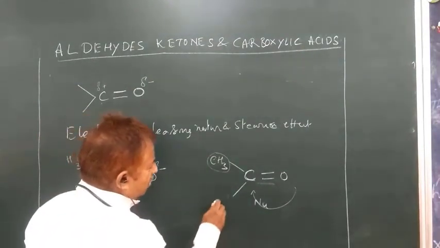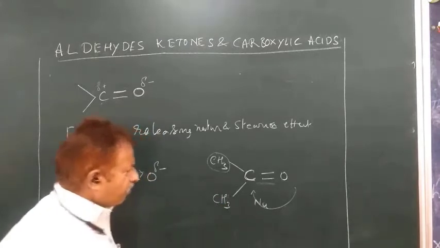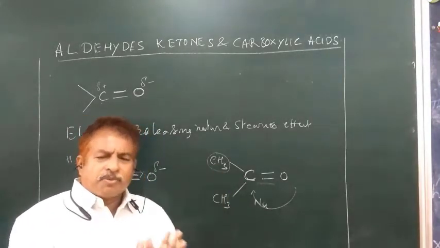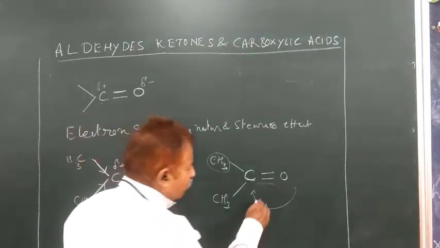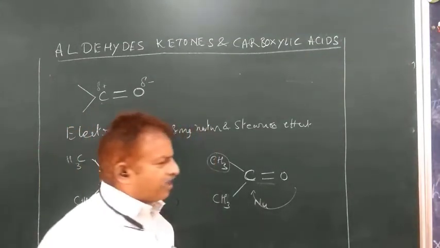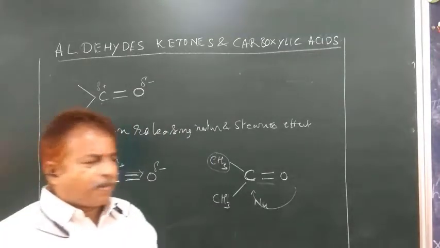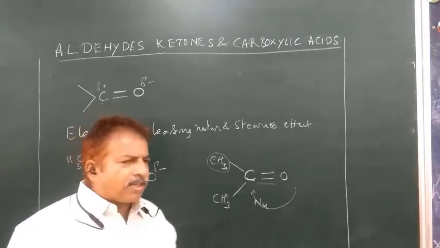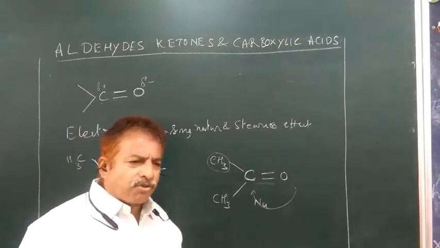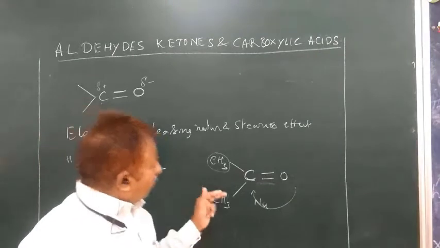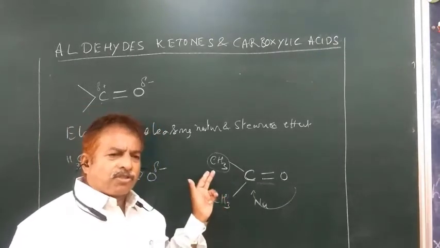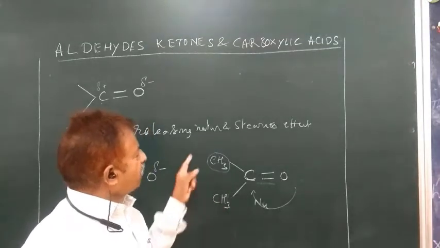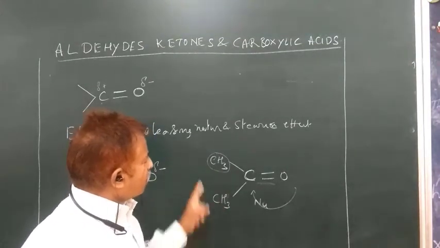If they are ketones, this is also a CH3 group, and two bulkier groups are there. Because of the two bulkier groups, the incoming nucleophile is restricted to a large extent. Therefore, the steric effect, that is the bulkiness of the alkyl groups, prevents the incoming nucleophile. When compared between aldehydes and ketones, ketones are less reactive towards the nucleophile because of the steric effect, because both bulkier alkyl groups are present.